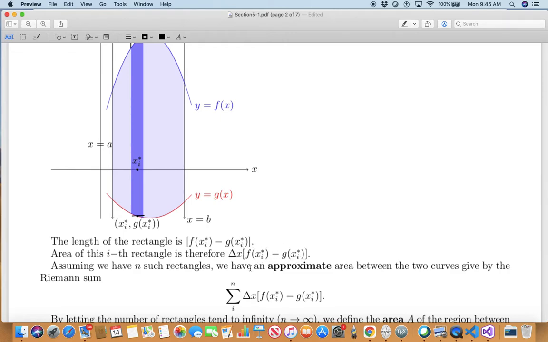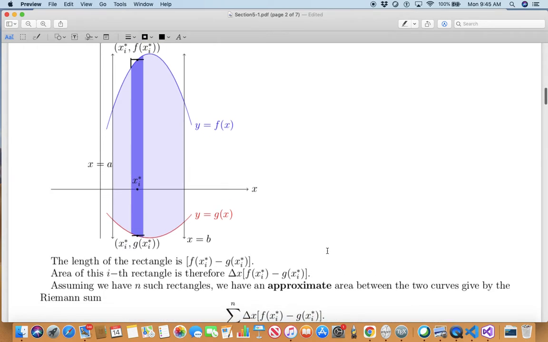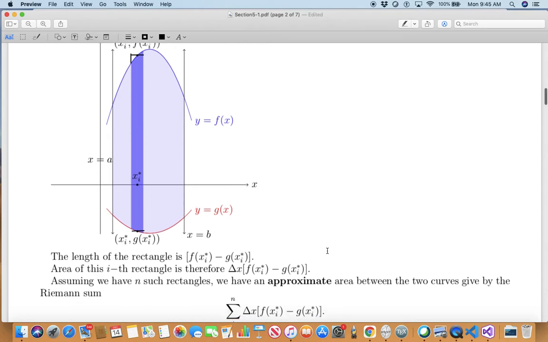You recognize this? This is essentially the Riemann sum, which we saw in our previous sections.